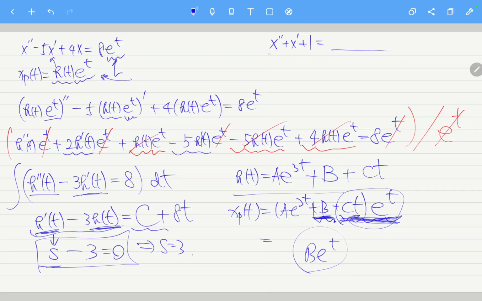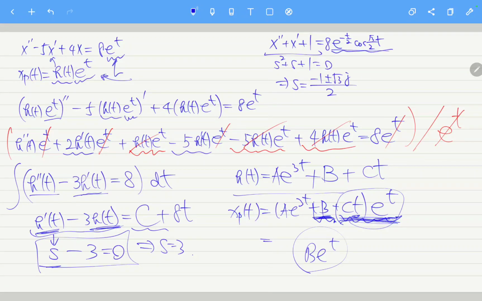When you try to solve for the homogeneous solution, it is s squared plus s plus 1 equals 0. So the solution will be s equals 1/2 times negative 1 plus or minus square root of 3 j. Which means that if the right hand side is something like negative e to the t over 2 and then cosine of square root of 3 over 2 t.